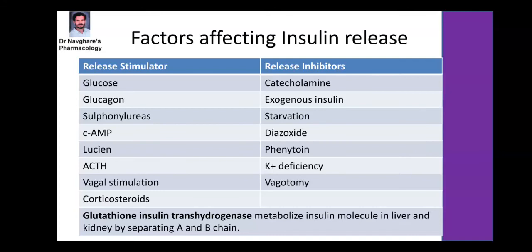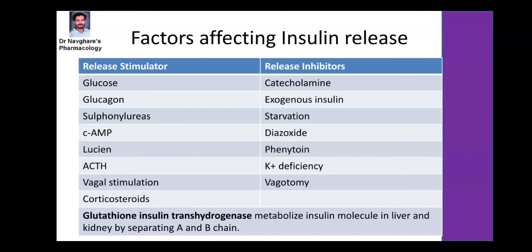Then leucine, ACTH, corticosteroids and vagal stimulation increase release of insulin from pancreatic beta cells, whereas the other side of this table gives components that suppress insulin release, or inhibitors, that are catecholamines, external administration of insulin, starvation, then phenytoin, potassium deficiency and vagotomy.